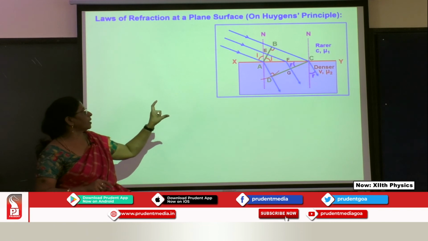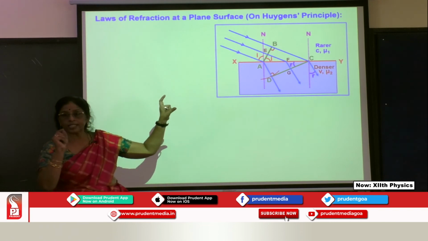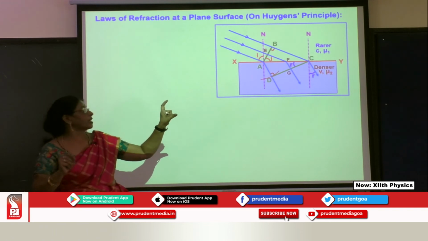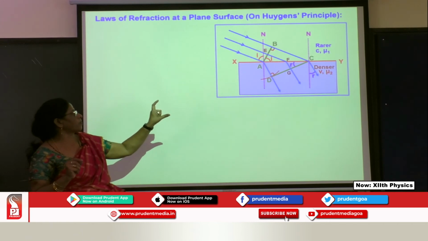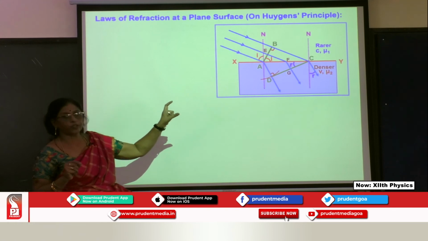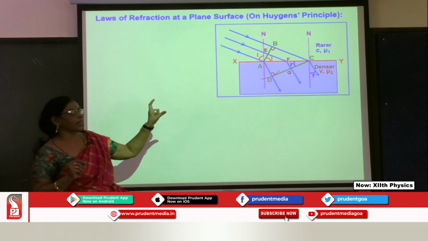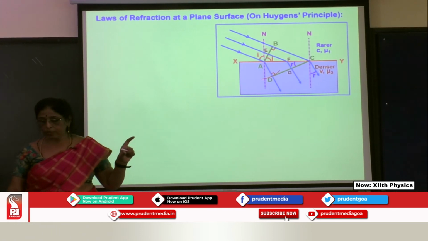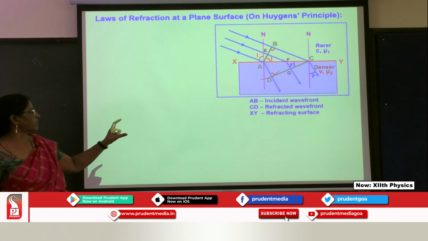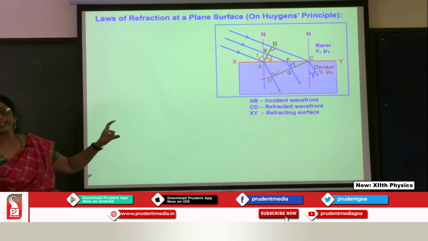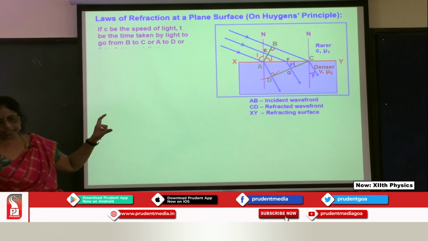So the time taken for B to reach C, and the time taken for E to reach F, are all the same. Same time for F to G, same time for A to D. So now I am just taking AB as the incident wavefront and CD as the refracted wavefront.